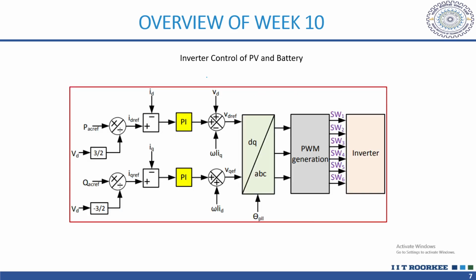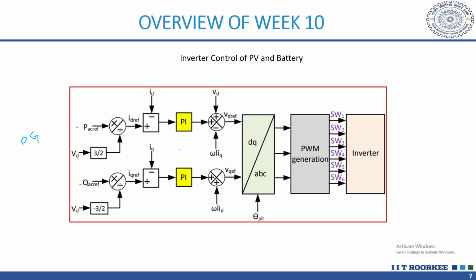So basically this is the control algorithm that you are getting. The P reference and Q reference in the isolated mode will come from your diesel generators. And according to that, you will have this ID and VD control, and you will minimize the error with the help of this PI controller. Then we'll have this DQ to ABC conversion.